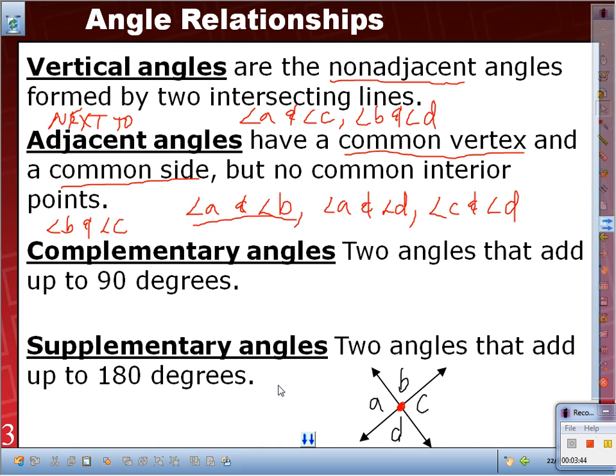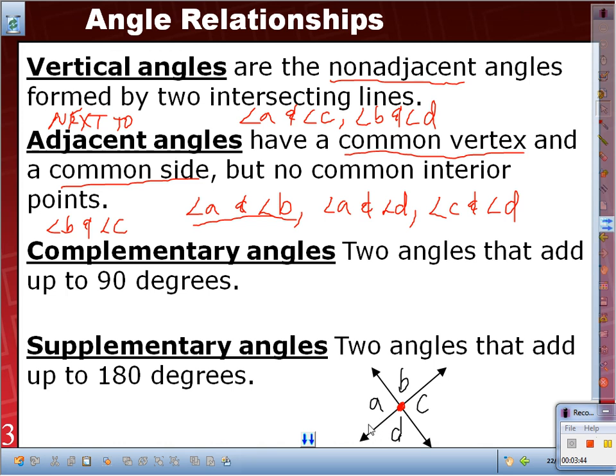What can we conclude, Nate? A and C are what? Yes, I know they're vertical, but what can we conclude about vertical angles? They are the same what?